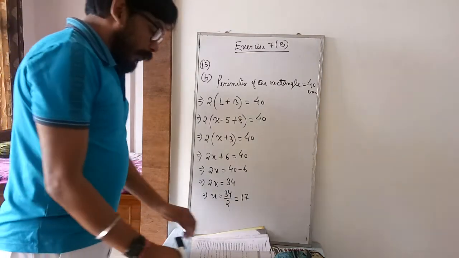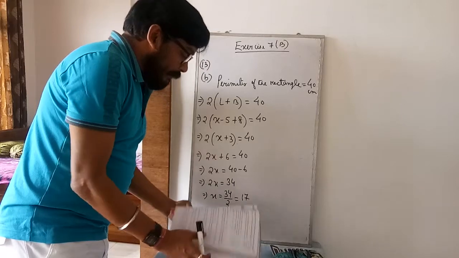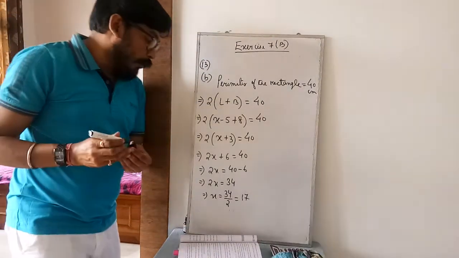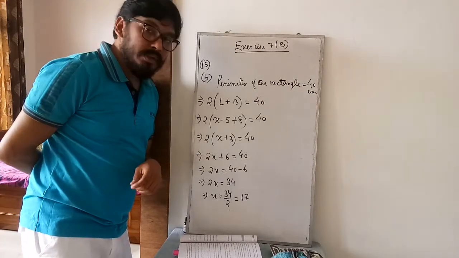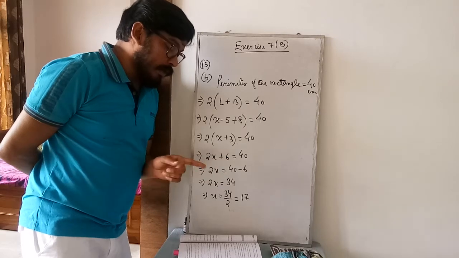Now we will go for question number 14. In question number 14 also a diagram is given here. So let me read out the question. 4x minus 2 meters of rope is used to fence the rectangular enclosure.